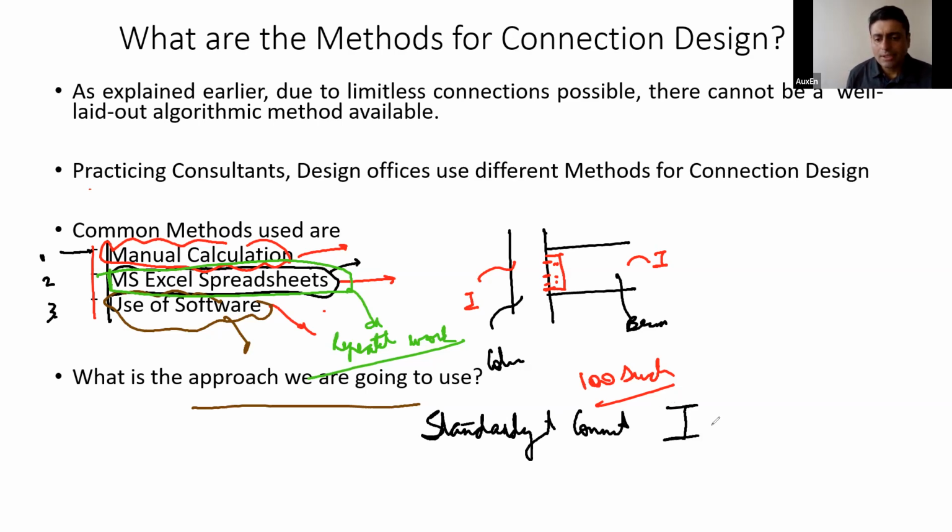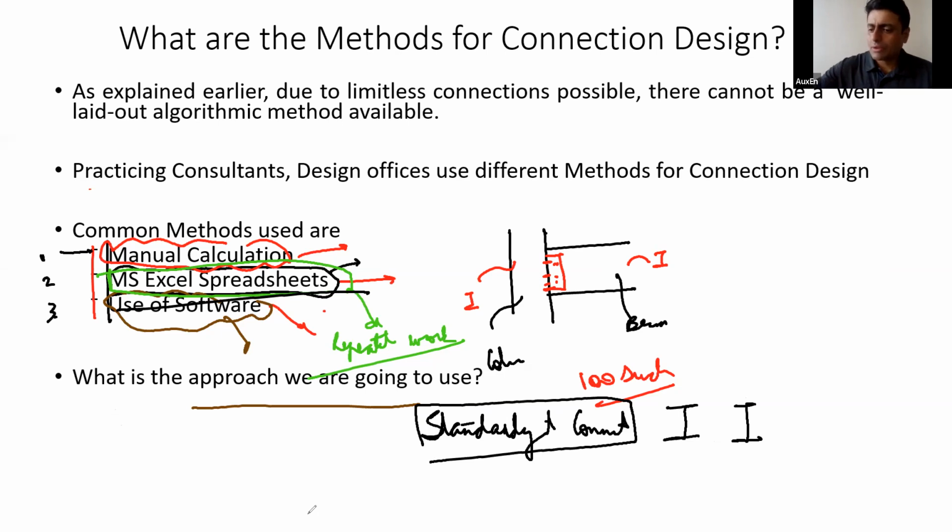Only the beam size and the column size may change, and the forces and moments will change. Otherwise, the connection type is standardized. So for these types of connections, developing spreadsheets makes sense. Are you getting it? Yes. So for repeated work, Excel spreadsheets are good.